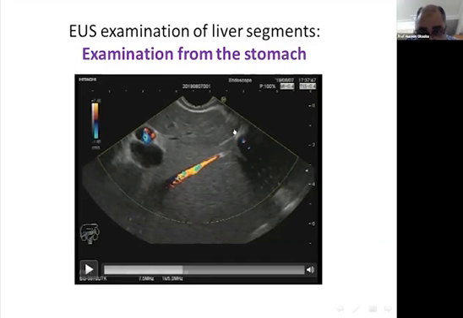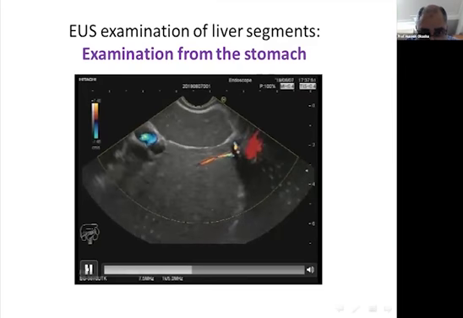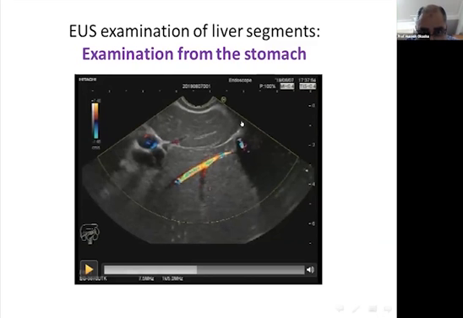This is the obliterated umbilical vein. This is the ligamentum venosum. So in that view, I can see the middle hepatic vein, homogeneous diameter all over its course, and the very nicely seen ligamentum venosum, communicating the inferior vena cava with the left portal vein.